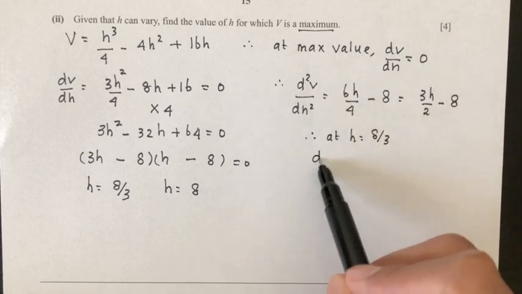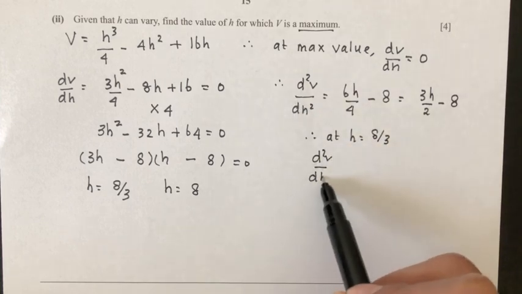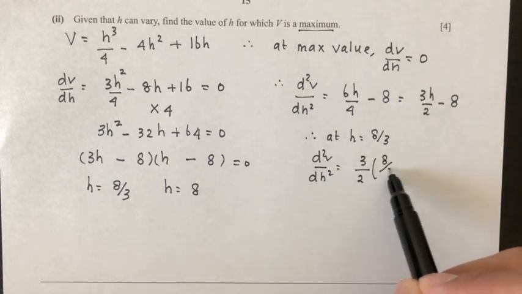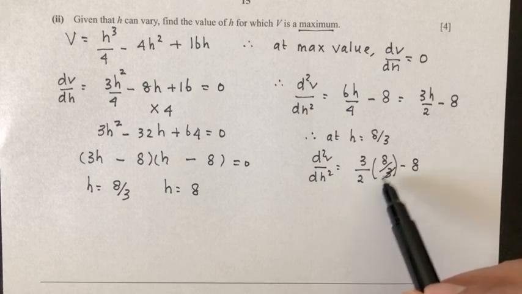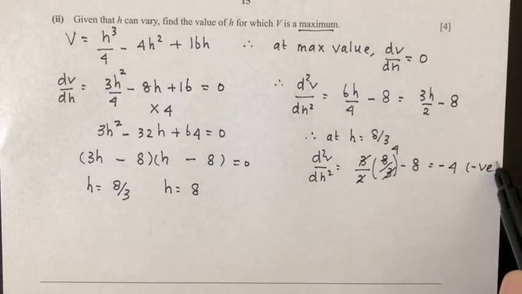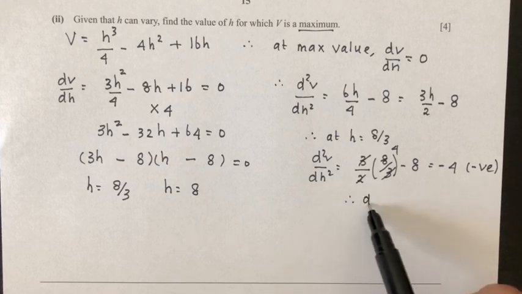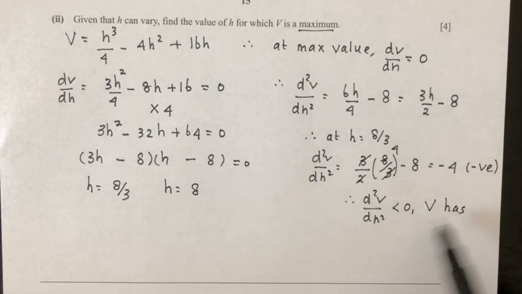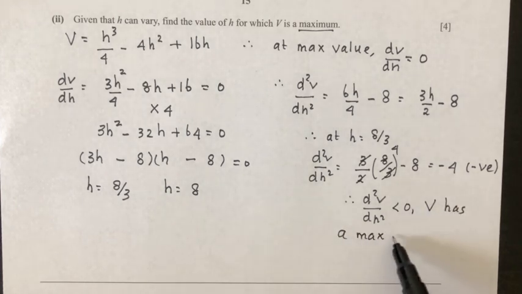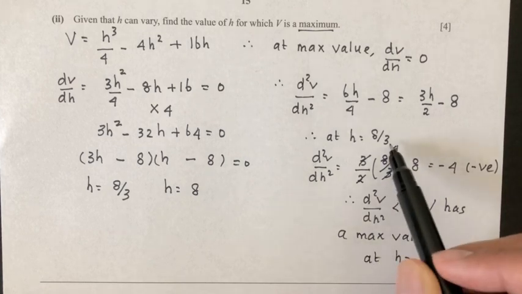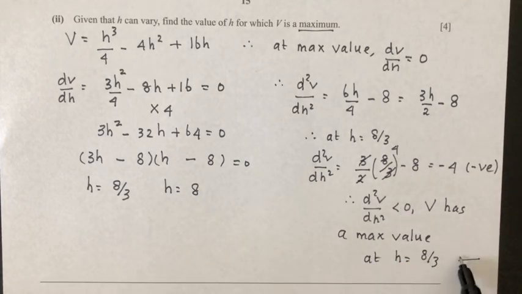What is this value? Replace. You will have 3 over 2 times 8 over 3, which is 4, minus 8, that will be minus 4. It is a negative value. So we say when d2V by dh2 is negative, V has a max value at h equal to this value. Okay, that will be your answer.